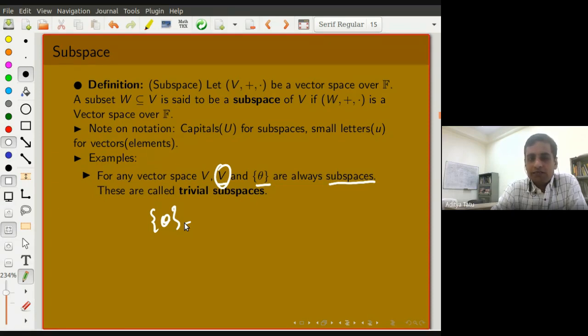How about the other vector space axioms? 1 times theta is of course theta, so theta is in theta.